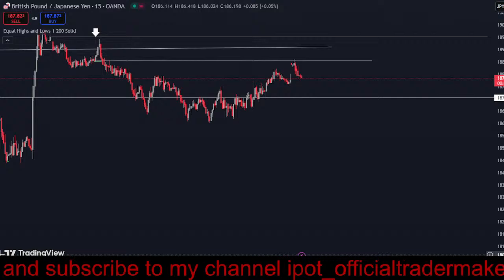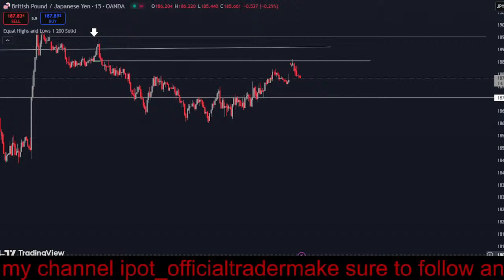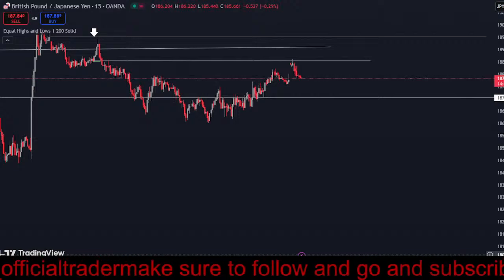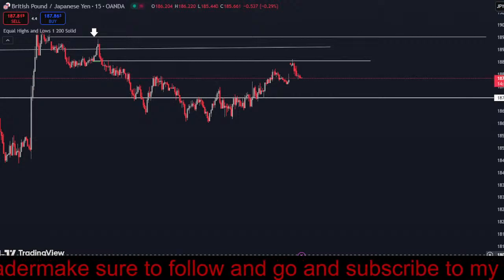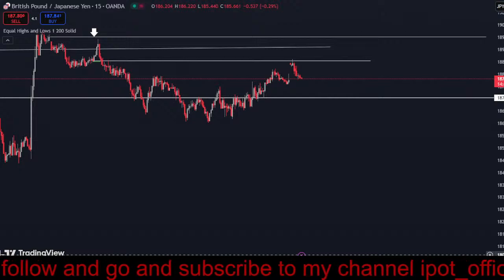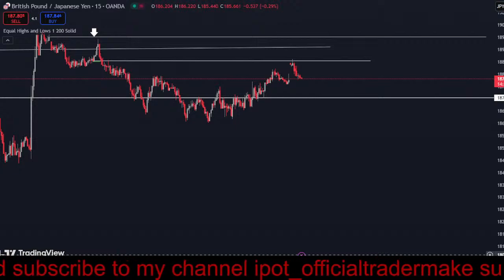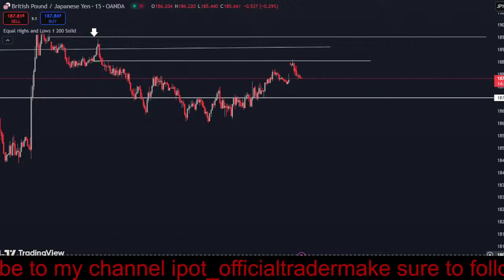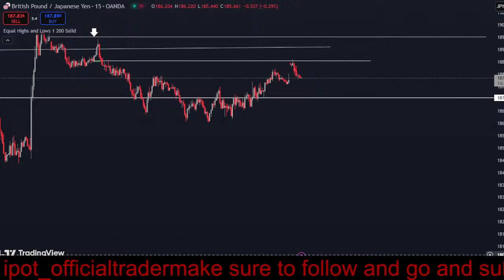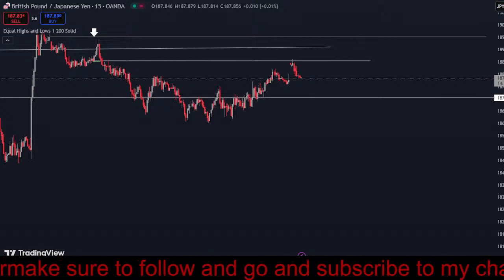Margin level percentage. Right, I've currently taken those first 2 trades in the Telegram channel.